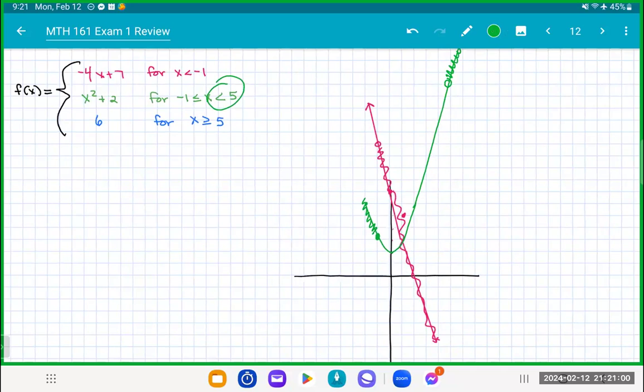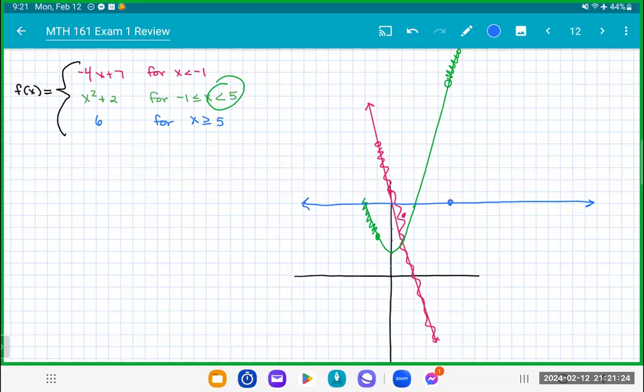And then our blue is 6, and so it is at 5. So technically here's 1, 2, 3, 1, 2, 3, 4, 5, 6. That's y equal to 6, right? But it's only good at x greater than or equal to 5. So here's 1, 2, 3, 4, 5.